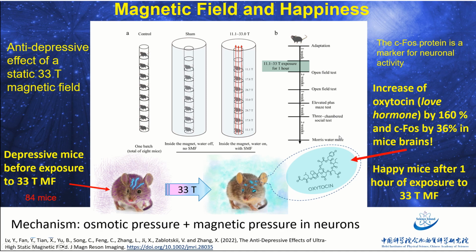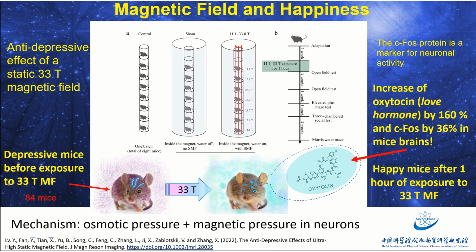We proposed the following tentative mechanism for the elevation of oxytocin. It is known that in the brain, oxytocin is generated by neurons under osmotic stimulation. The presence of an ultra-high magnetic field can exert additional pressure on the cell membrane due to the concentration gradient magnetic forces.